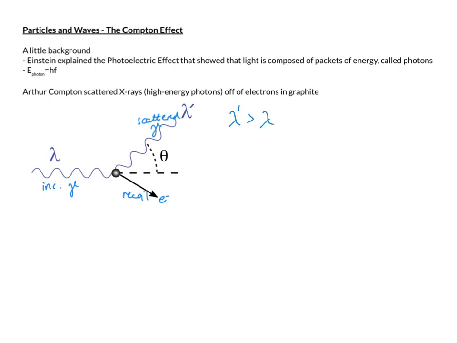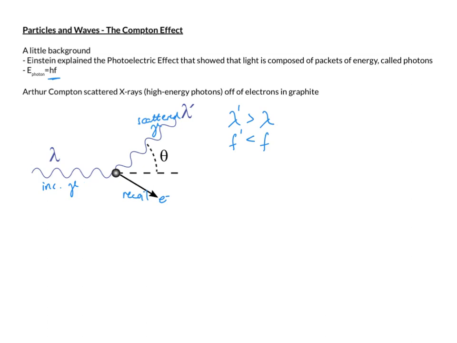But remember that there is an inverse proportionality between wavelength and frequency, so this means that the frequency of the scattered photon was less than the frequency of the incident photon. And also remember that the energy of the photon is h times f, which means that there was energy lost in this scattering. So the scattered photon had less energy than the incident photon.